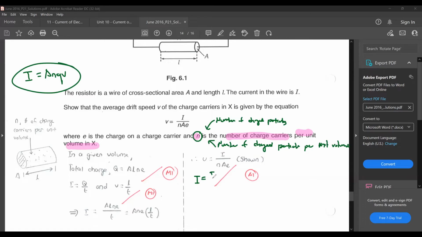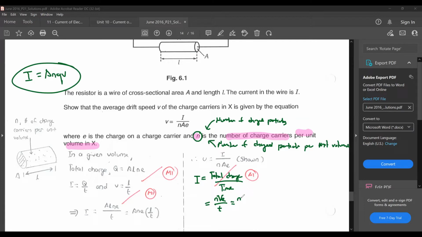You can say that I is total charge over time. Total charge in turn is equivalent to N times V times E over T. Sorry, N times volume times E divided by T.